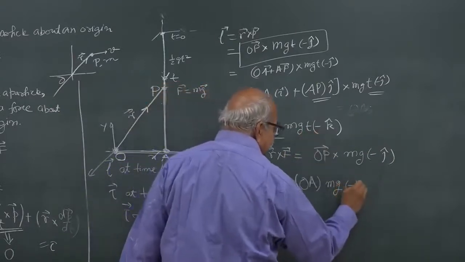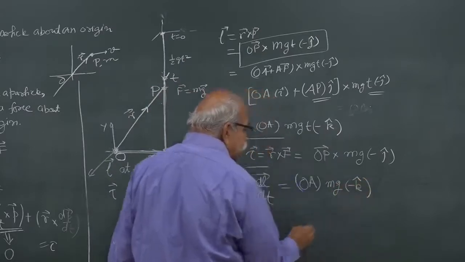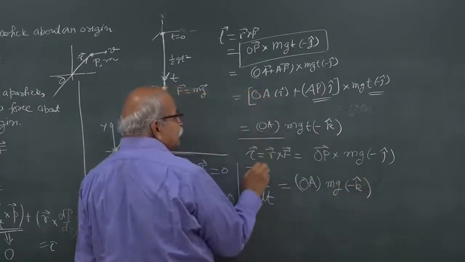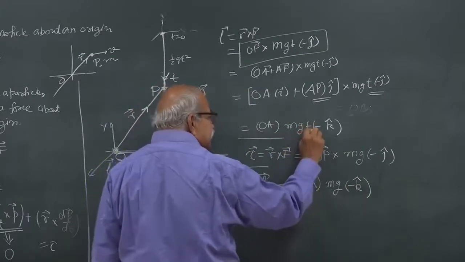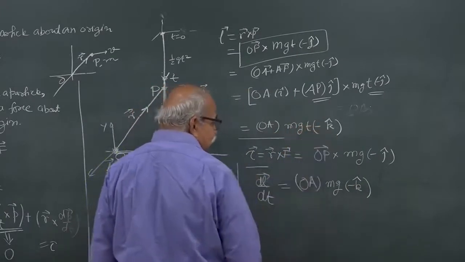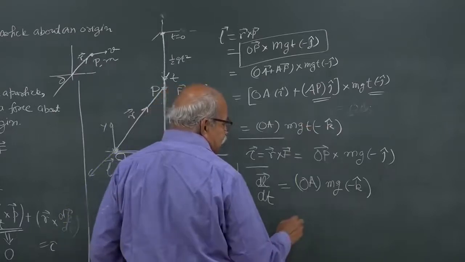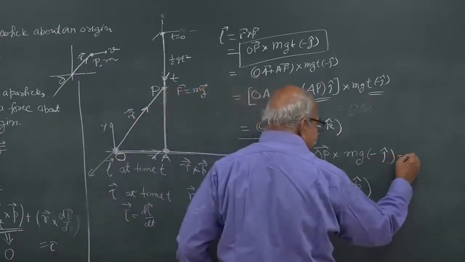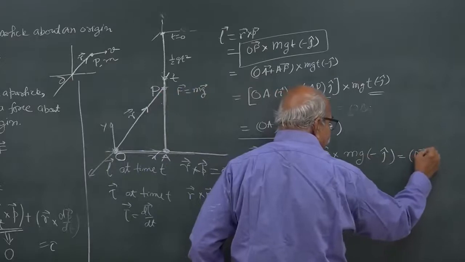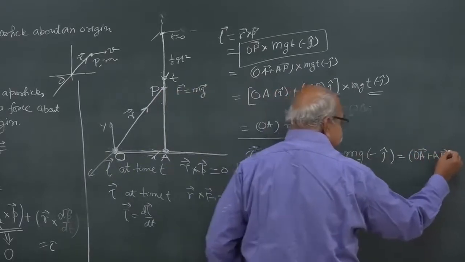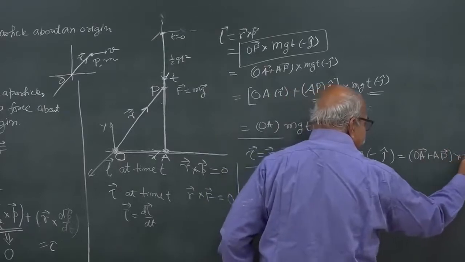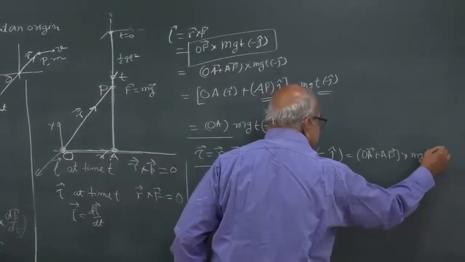So, it is OA into mg and then differentiated here, minus k cap. And this torque you can also work out. This is OA plus AP, and then cross mg and minus j cap.